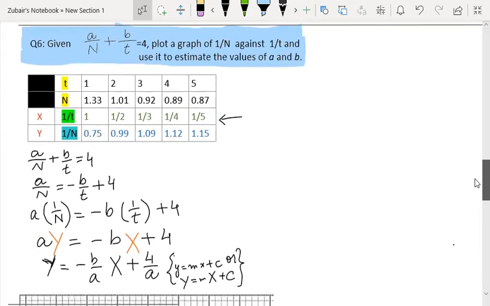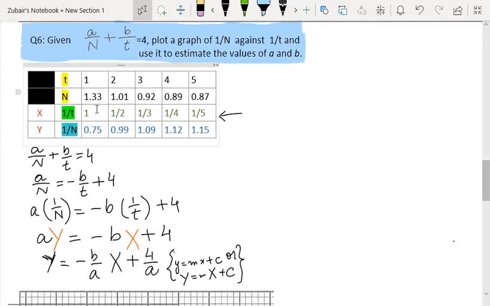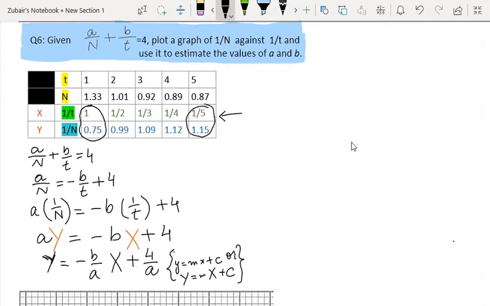So what is the first one? I am taking this one, and I think this one. Okay, but I think the easier one is this one.